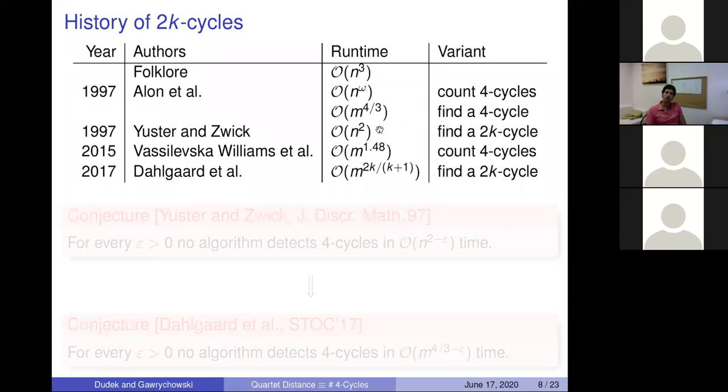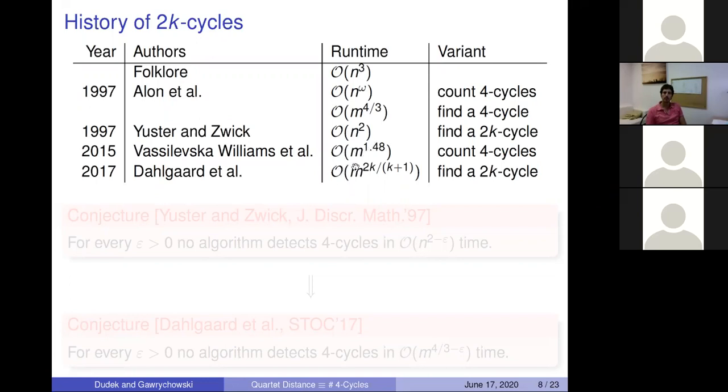And there was later a paper, well, the same year, I'm not sure, but the conference version, that showed that you can detect a 4 cycle faster, in quadratic time. And there was a recent paper that showed that you can count 4 cycles in m to the power of 1.48. It's the same exponent as in the previous slide. But now m is the number of edges in the graph. So when the graph is sparse, we are better off using this result.